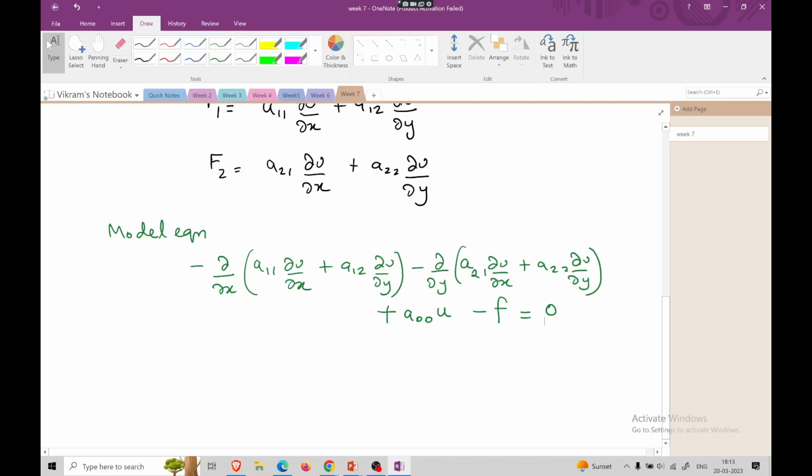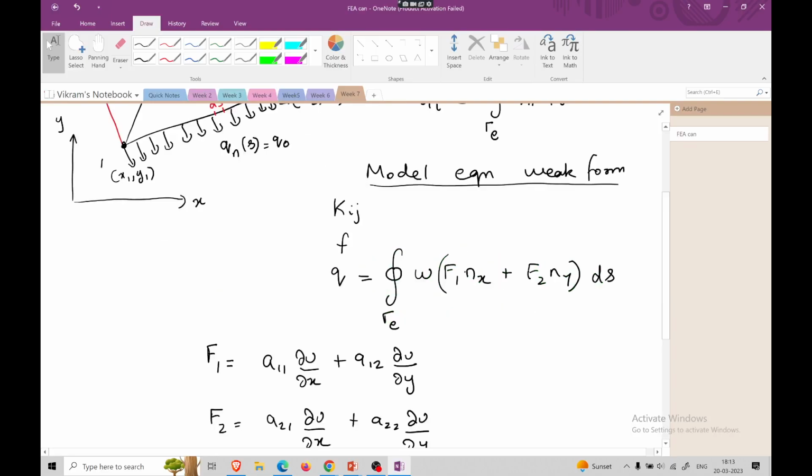We apply the weak form to this model equation, and we get some terms: the elemental stiffness matrix, the force term, and the boundary term.